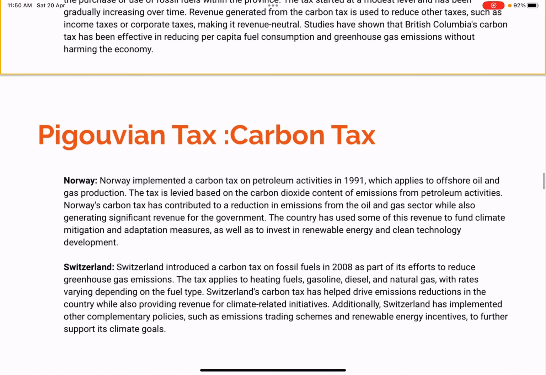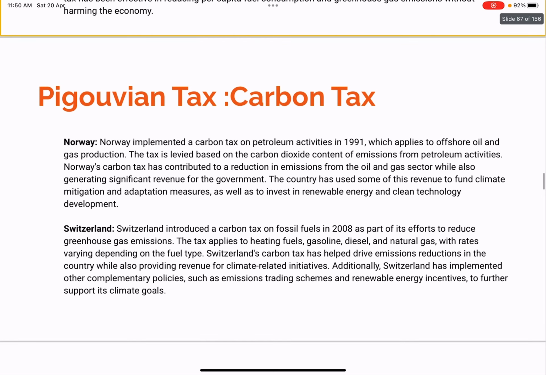There are two more countries which have effectively used the Pigouvian tax. Norway and Switzerland come to our mind. Norway started implementing the carbon tax on petroleum activities in 1991, right? And again, it levied the tax based on the carbon dioxide emitted from petroleum activities.